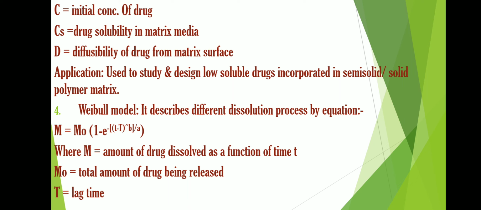So Cs depends on the drug solubility inside the polymeric matrix, and D is the diffusibility of the drug through the matrix. So two things are required. The drug should be soluble so that it can come out through the swelled polymer matrix. Also there should be diffusibility, meaning the drug should also have the power to diffuse, to penetrate.